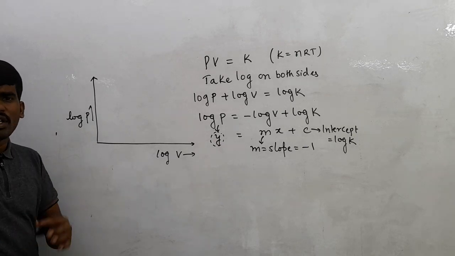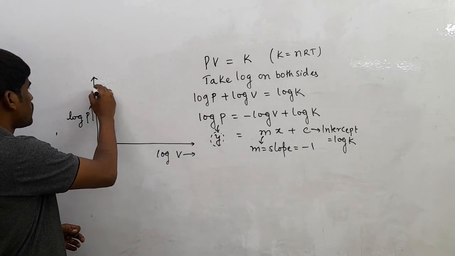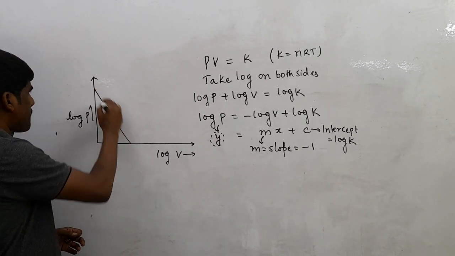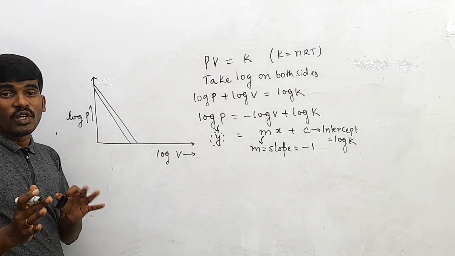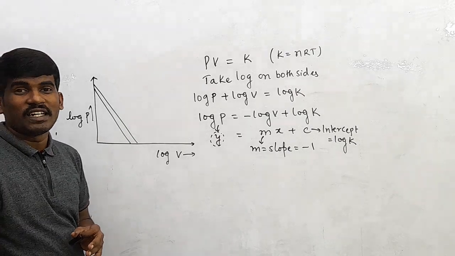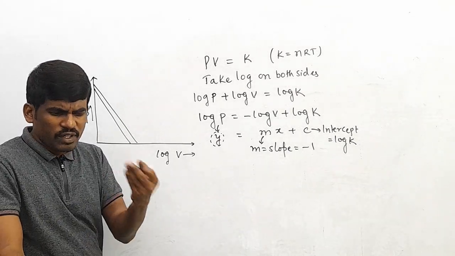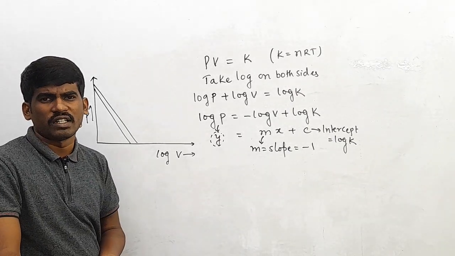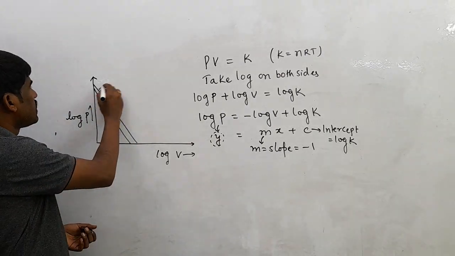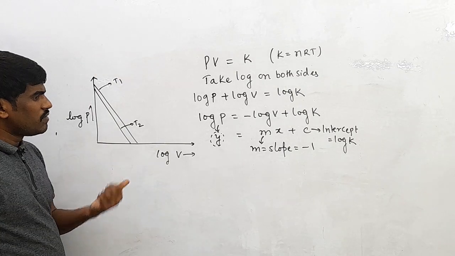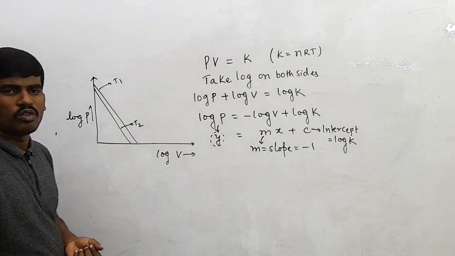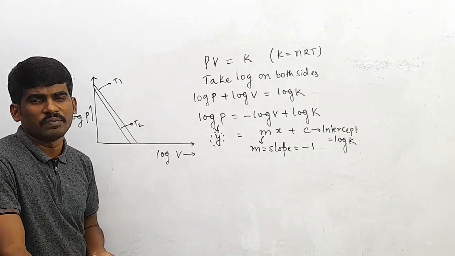But I am taking two different possible conditions like this, just to make you understand how you relate these graphs, like different possible temperature conditions. Let us say this is T1, let us say T2. Slope is anyway equal to minus 1, which is going to make an angle of how much? 135 degrees, right?